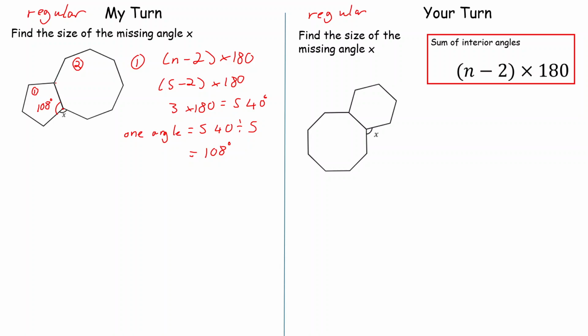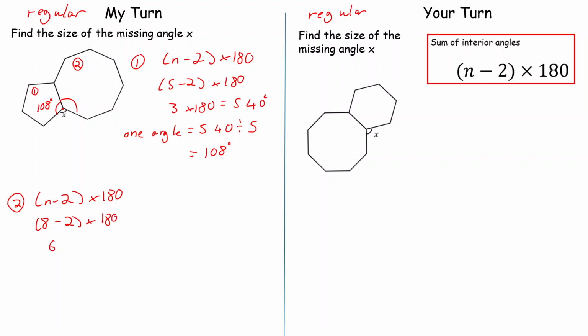Now over here you've got 1, 2, 3, 4, 5, 6, 7, 8, an octagon. So for shape 2, same thing, we can use our sum of the angles, n take away 2, because I want to get this angle eventually, times by 180, where n is going to be 8. So 8 take away 2 times 180.